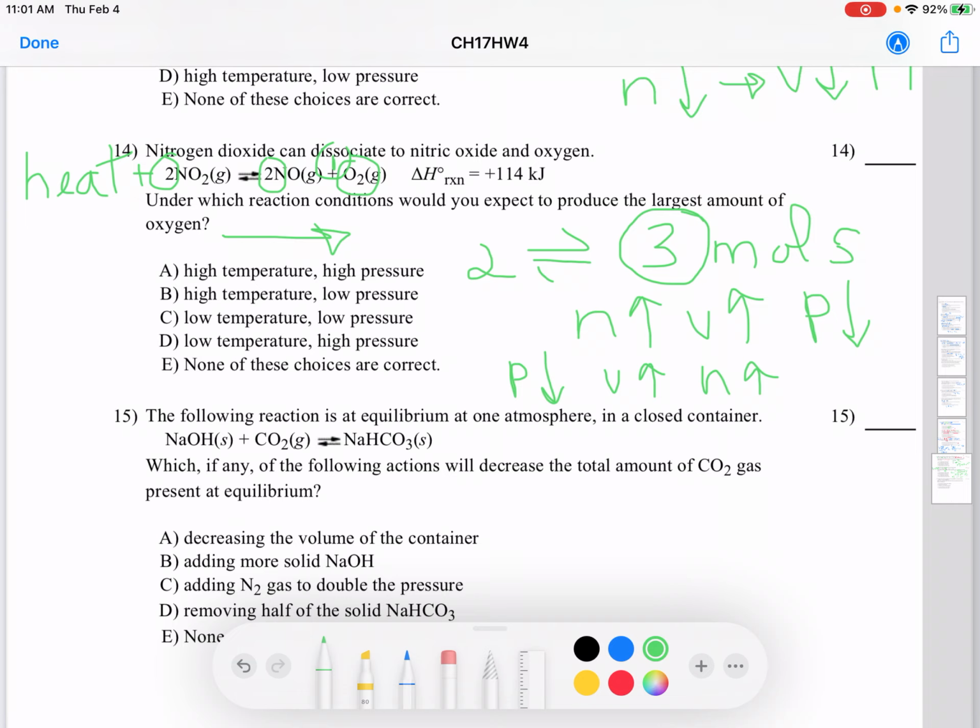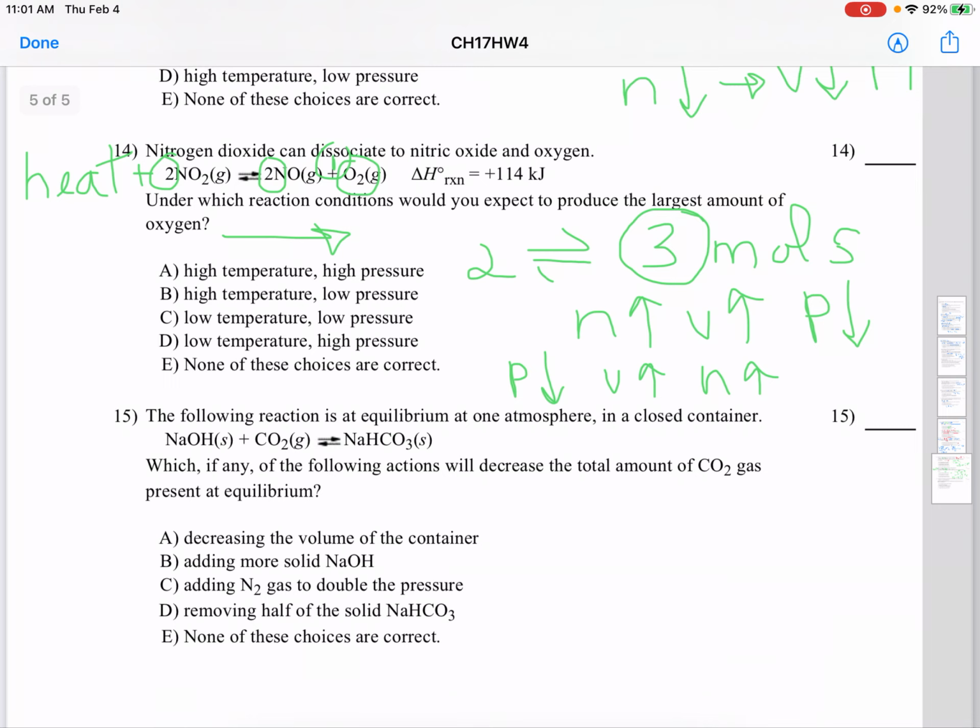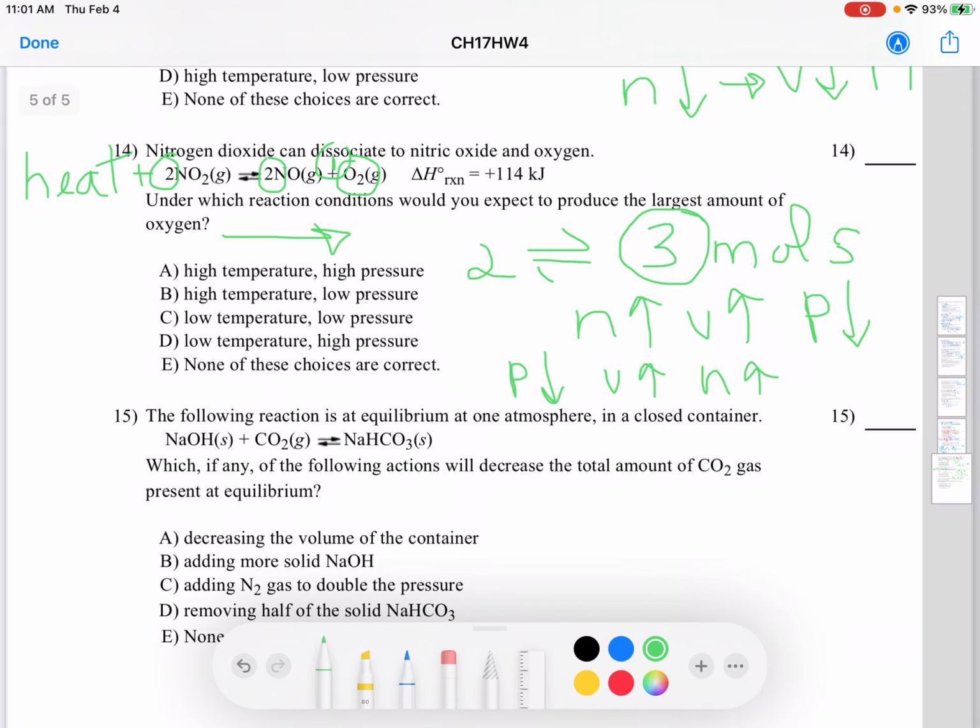Okay, number 15. The following reaction is at equilibrium in a closed container. Which of the following will decrease the total amount of carbon dioxide gas present at equilibrium? Now let's look at the reaction substances. This is a solid, this is a solid, and carbon dioxide is a gas.